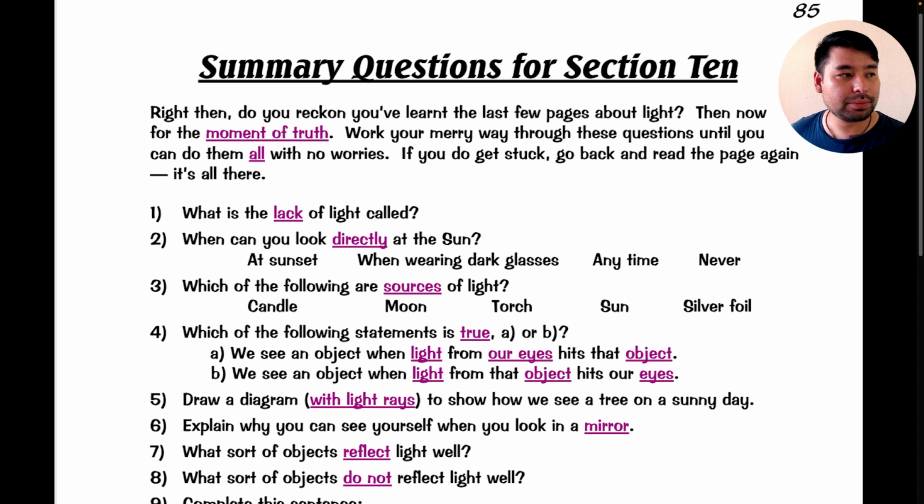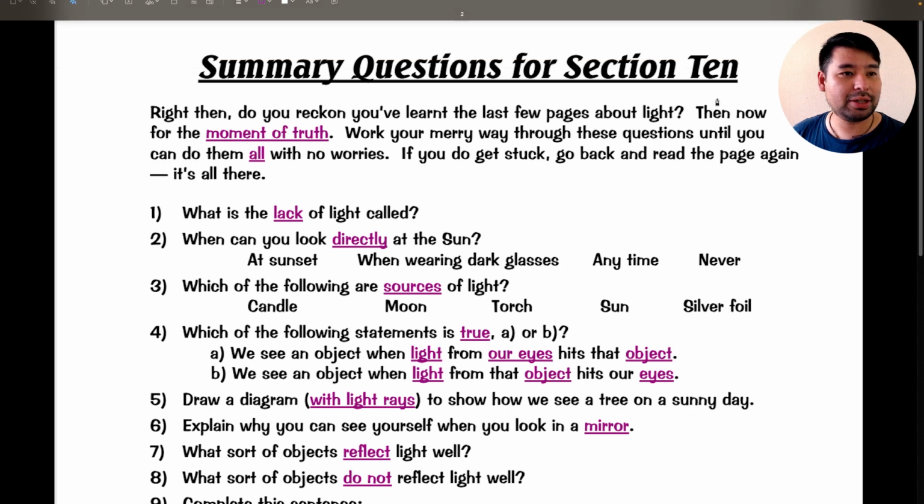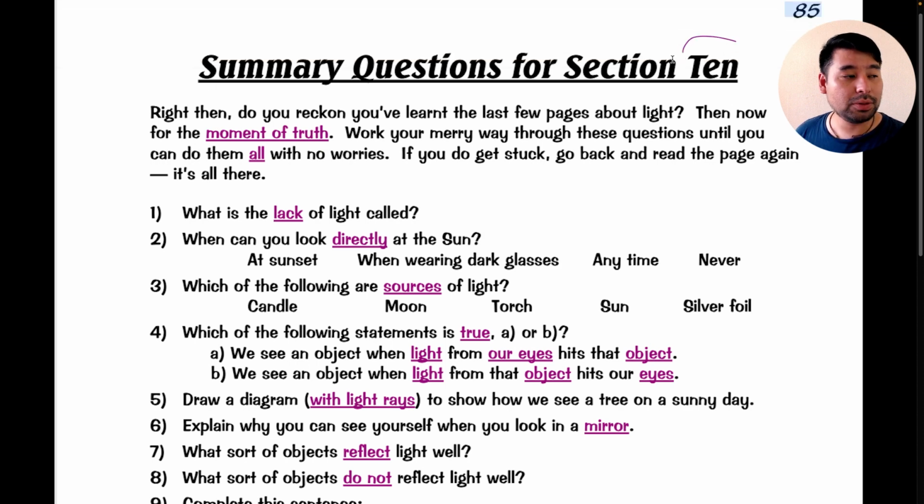Let's begin. Summary questions for section 10. So this is from section, or we could say unit, 10. Do you remember that you've learned in the last few pages about light? So now for the moment of truth, work your merry way through these questions until you can do them all with no worries.